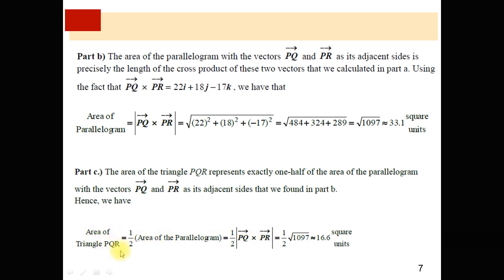The area of the triangle PQR is equal to half of the area of the parallelogram. The area of a parallelogram is equal to the magnitude of the cross product of any two adjacent sides. We have already found the area of the parallelogram in part B. So the area of the parallelogram divided by 2 is equal to 16.6, and this is the area of the triangle determined by the points PQR.